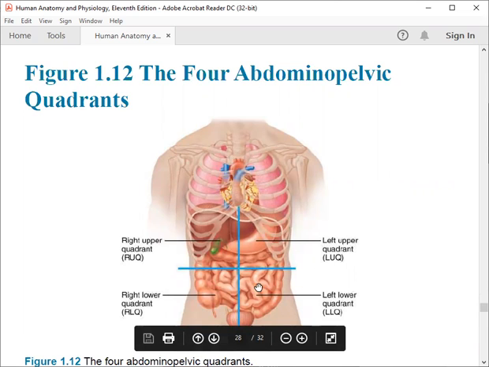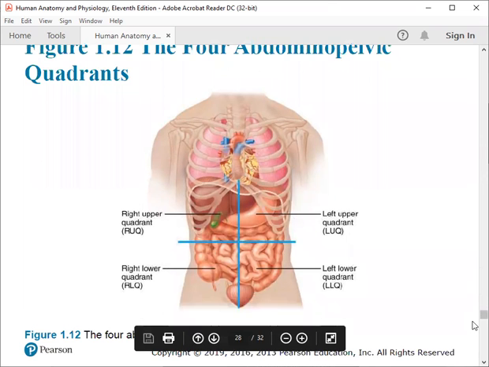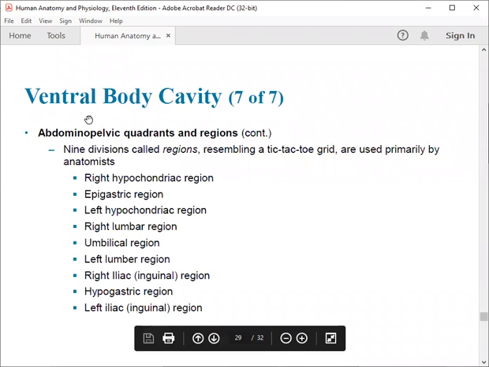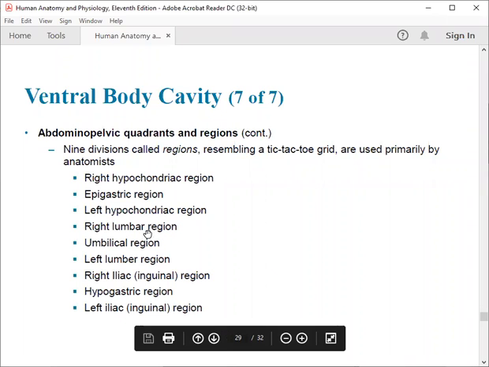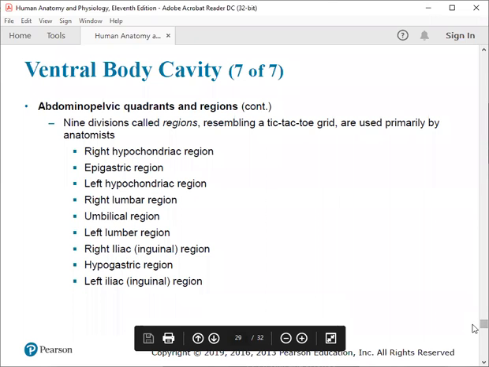So this shows you where the intestines are down here, and then where your stomach and your pancreas and all of that are up on the top. You can break this down even further and talk about the different things that are located in these different areas. So move on.